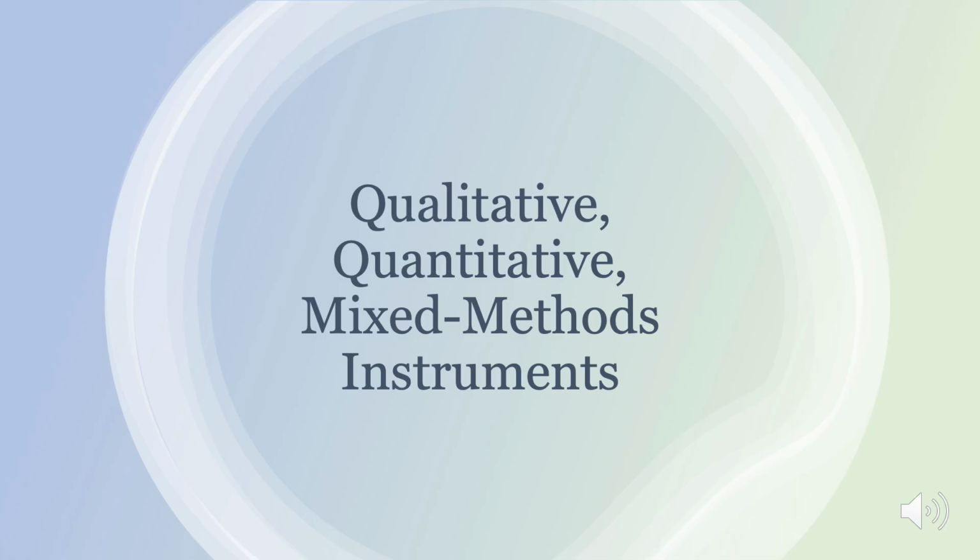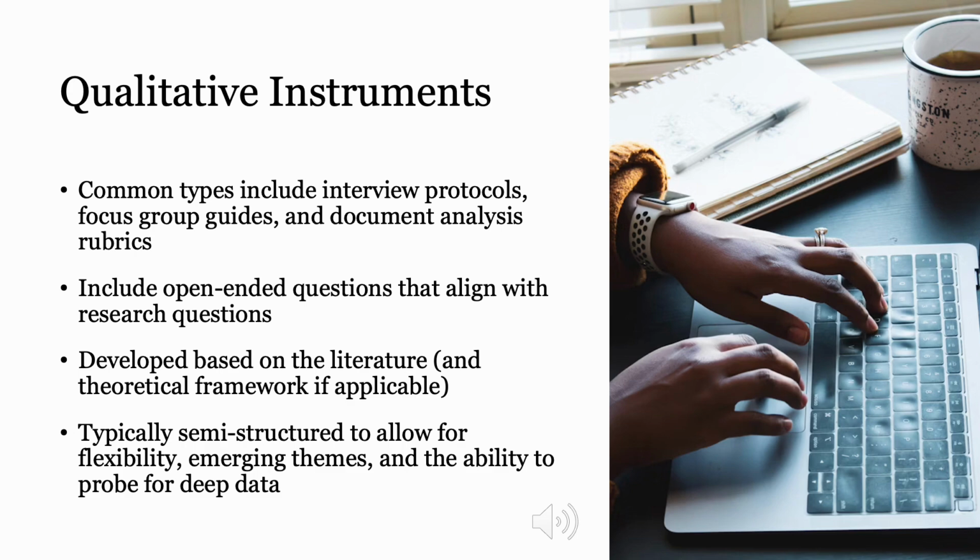Now let's take a look at quantitative, qualitative, and mixed methods instruments and how each should be explained in Chapter 3. In qualitative research, instruments often include interview protocols, focus group guides, or document analysis rubrics.